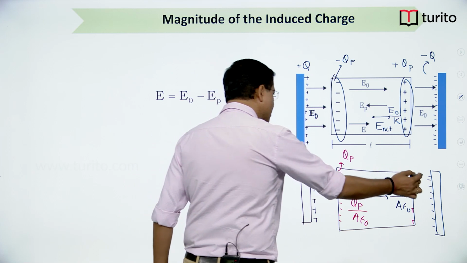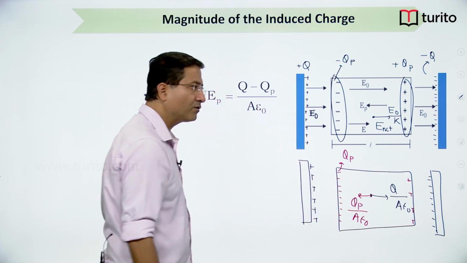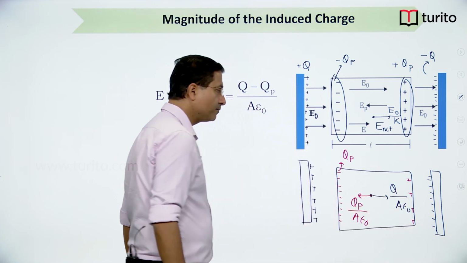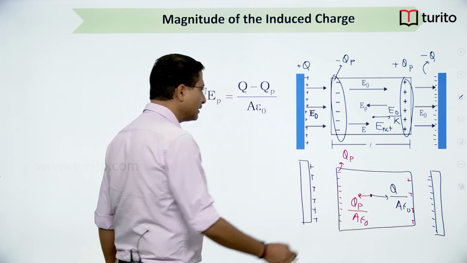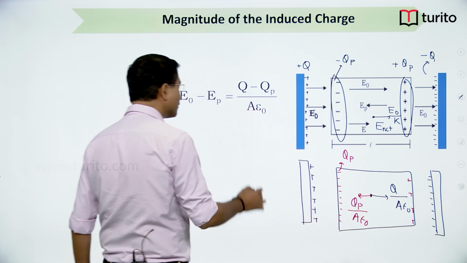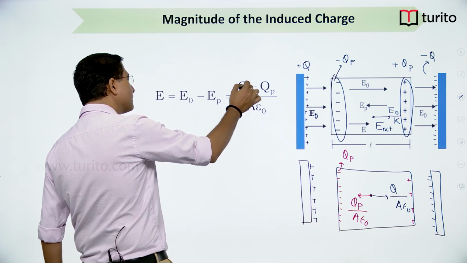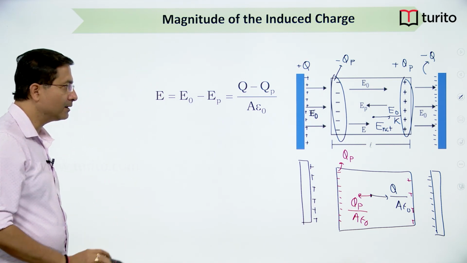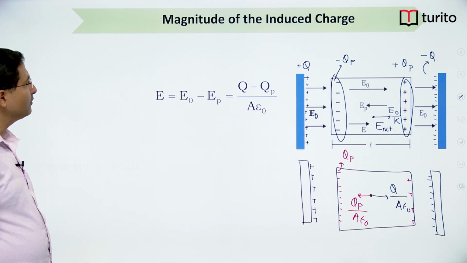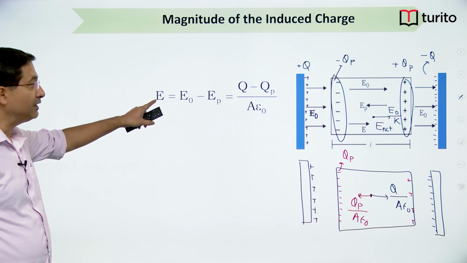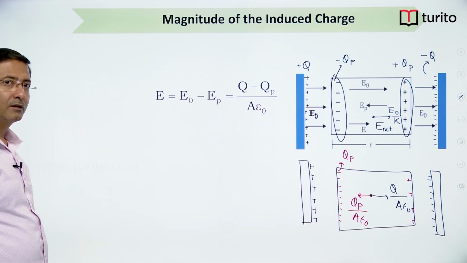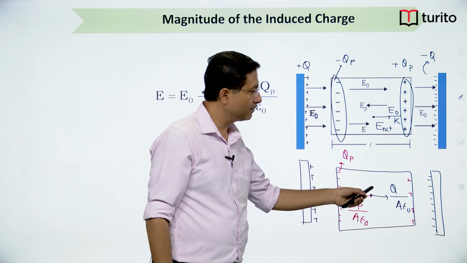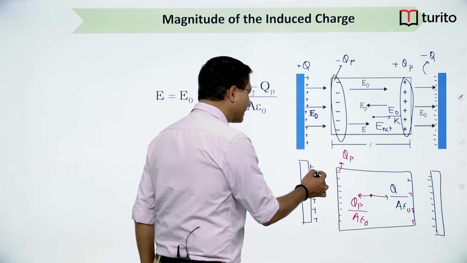Because of the charge appearing on the surface of the capacitor plates, this is q upon A epsilon naught. So, the net field will be, you need to subtract this from this: q upon A epsilon naught minus Qp upon A epsilon naught will be the net field there. And we know that this net field is E naught by k. We know from the definition of dielectric constant that the field inside is 1 by k of the field outside.